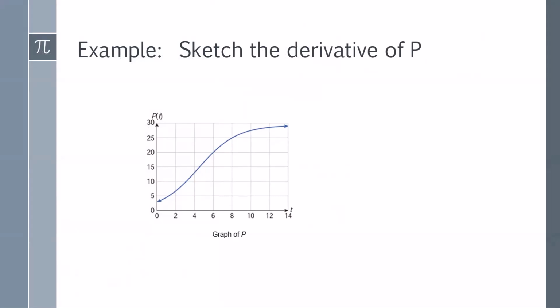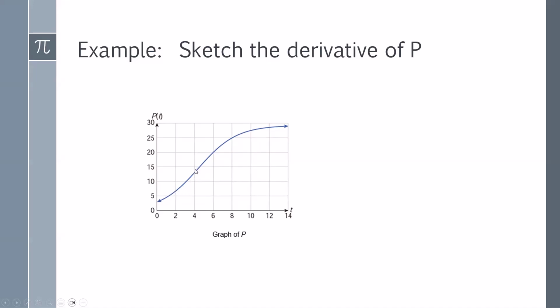Another example, we're given a graph of p. In this example, we want to draw the derivative. Looking at this graph, we can see that we've got a slope that kind of looks like this. The tangent slope sort of looks like that.